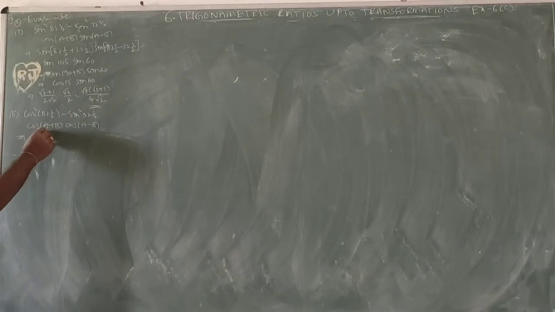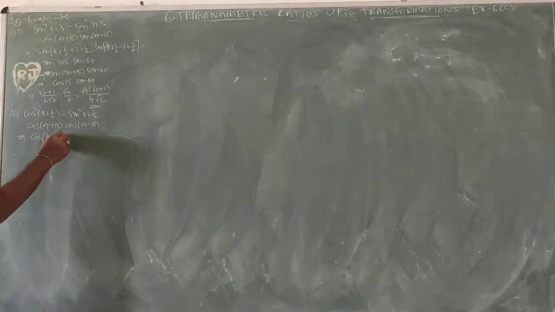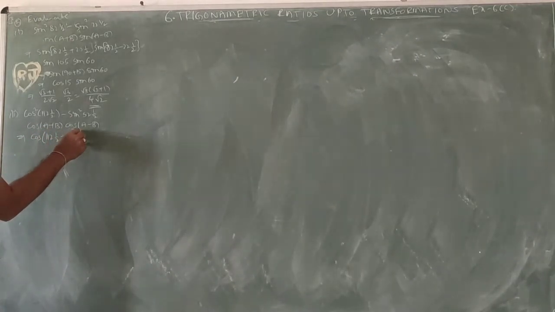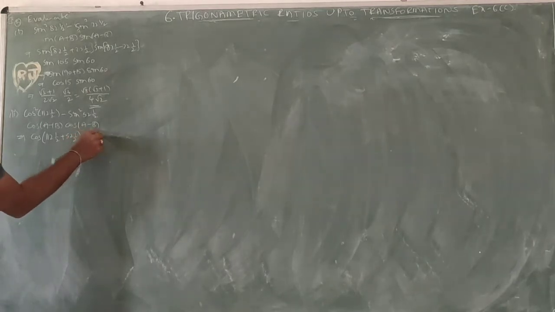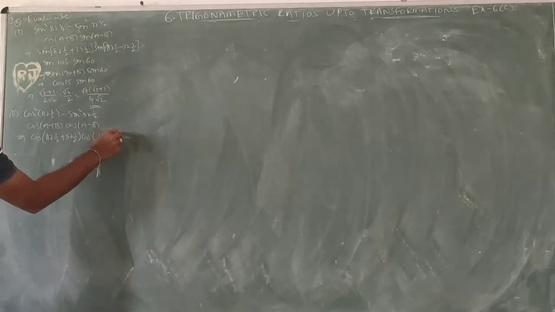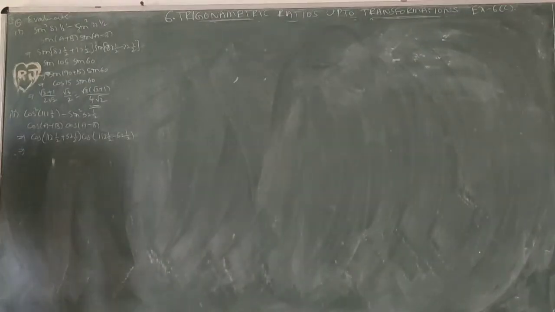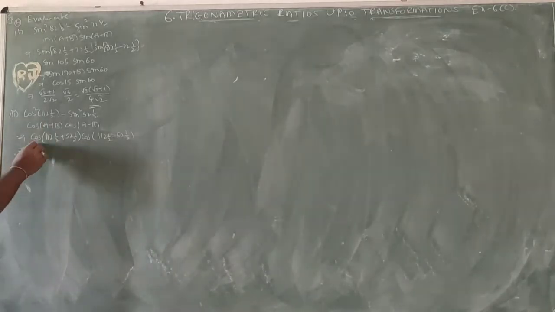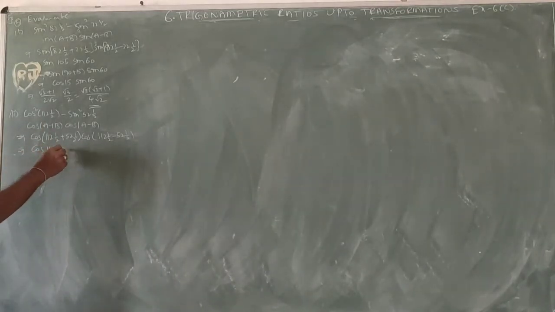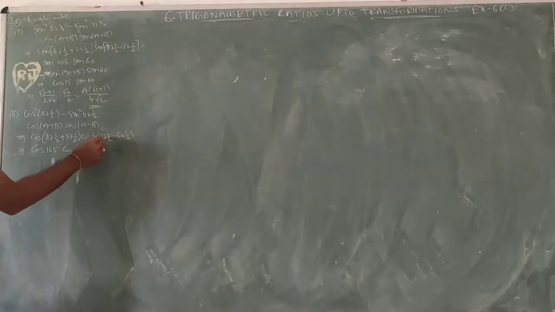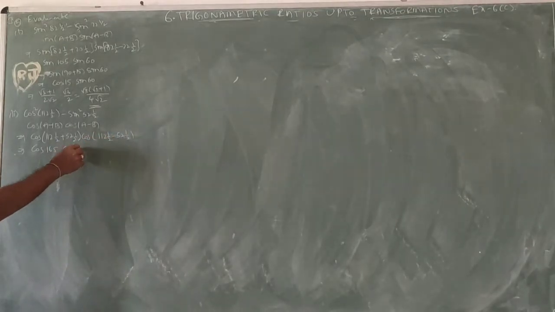Cos of 112 half plus 52 half into cos of 112 half minus 52 half. Next, 112 plus 52, 164, half plus half 1, 165, cos 165. Half cancels in the second term, 112 minus 52 is 60.